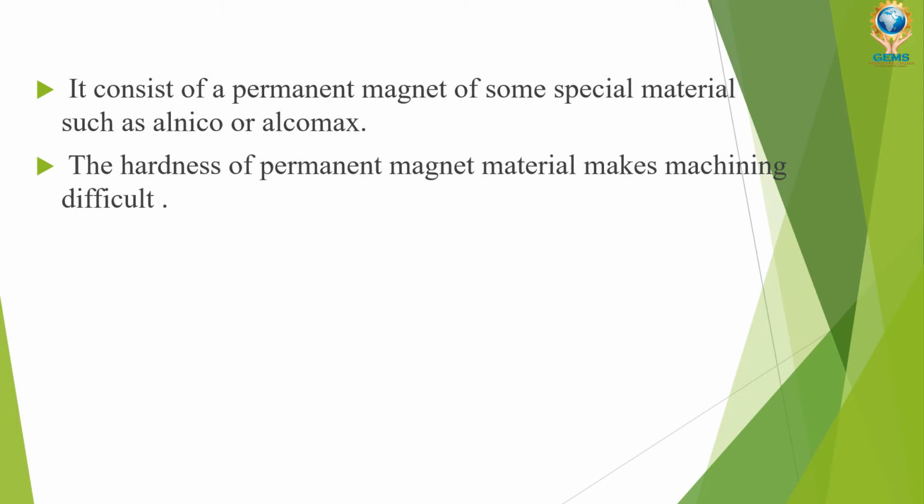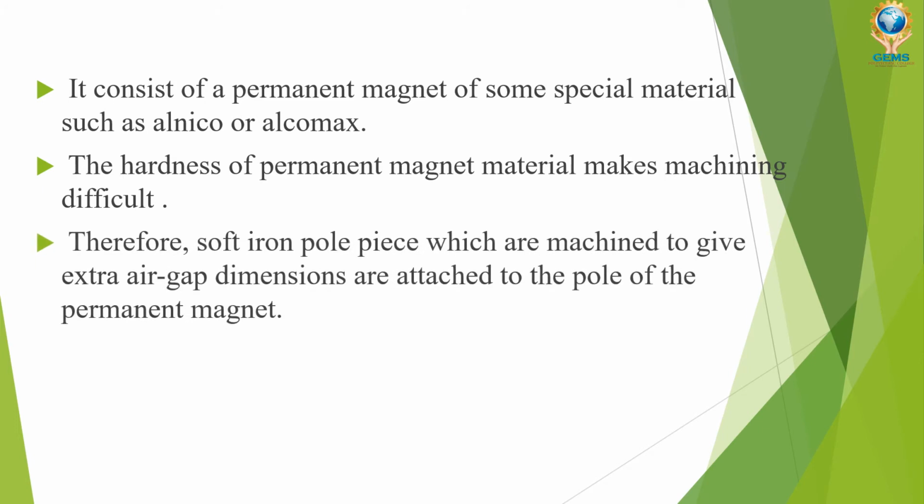The hardness of permanent magnet material makes machining difficult. If the permanent magnet is more hard, it makes the operation difficult. Therefore, soft iron pole pieces which are machined to give extra air gap dimensions are attached to the pole of the permanent magnet. So because of this reason we are going to use soft iron pole piece.